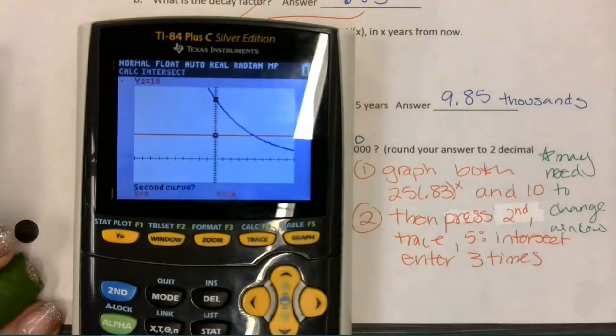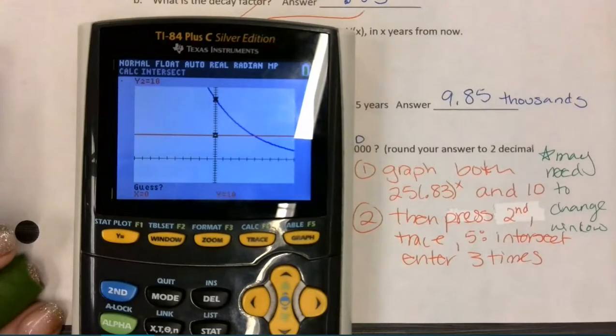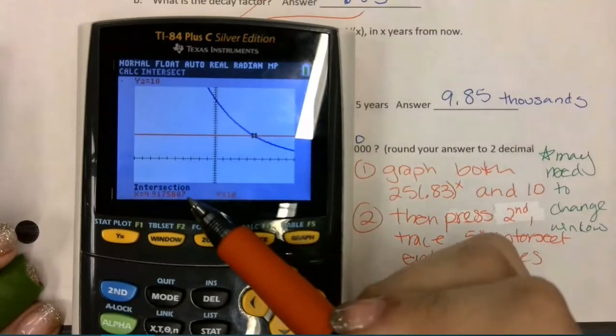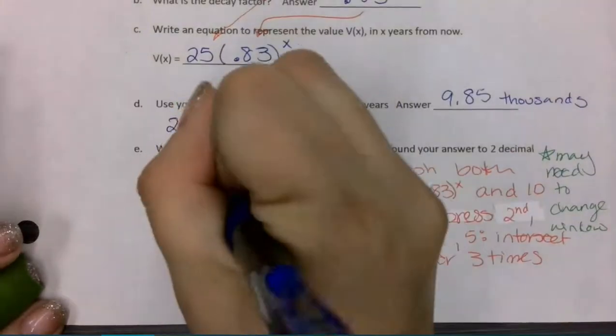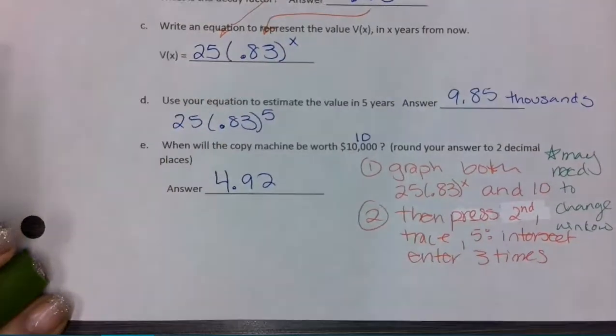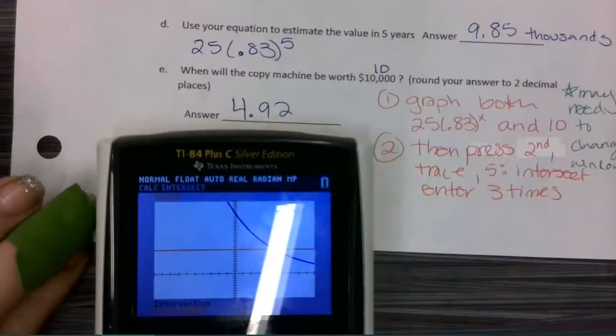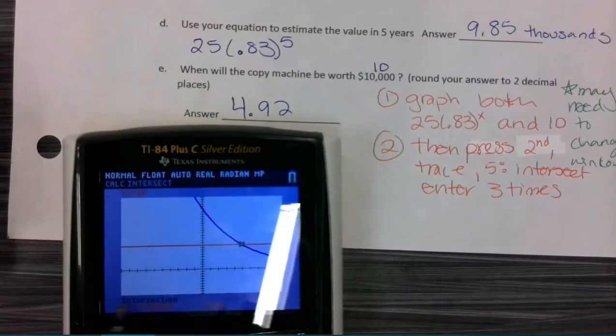So once for the blue curve, once for red, once because the calculator thinks it's fun to guess, and it gives me my answer is 4 point, to 2 decimal places, 92. And that came from the x value right here where it says intersection and it's red and you can't see it on the screen.